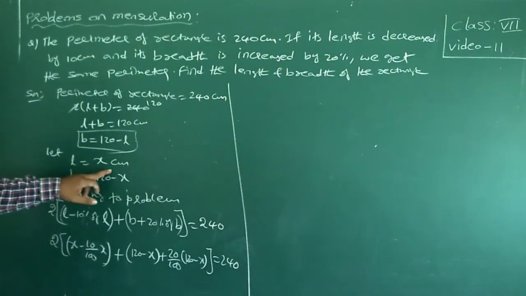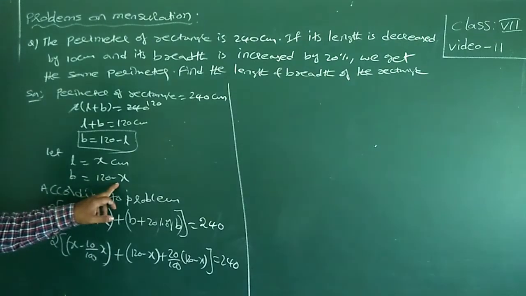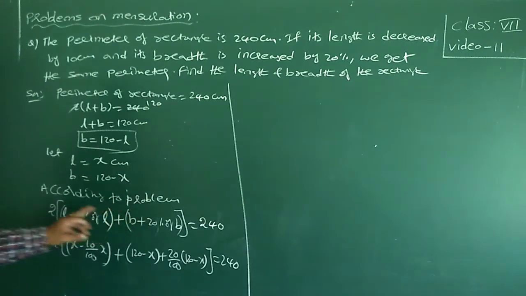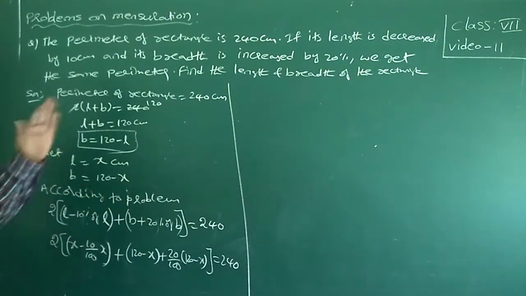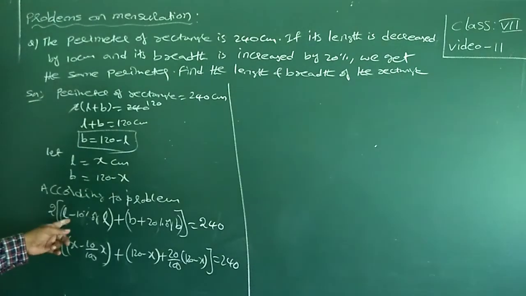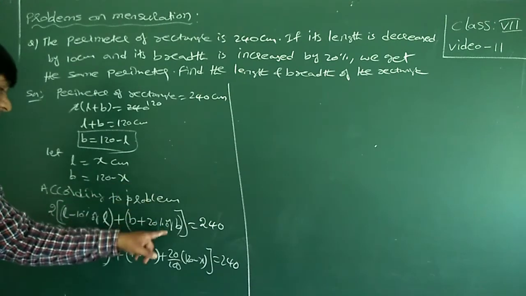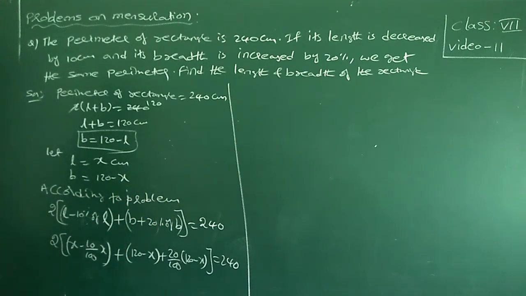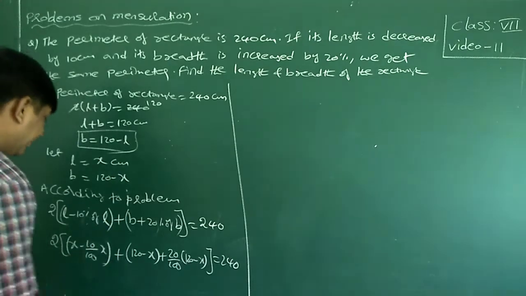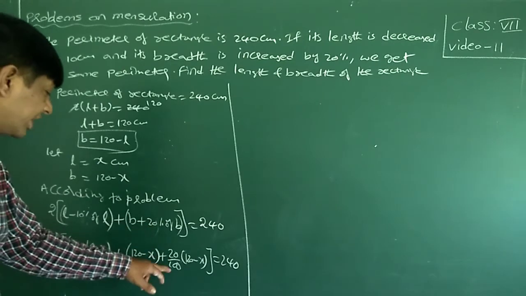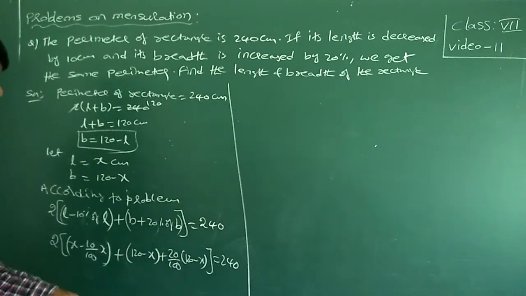Here length is equal to x and breadth is equal to 120 minus x. According to the problem, the new perimeter is equal to the old perimeter, so 2 into (x minus 10 by 100 of x plus 120 minus x plus 20 by 100 into 120 minus x) is equal to 240.